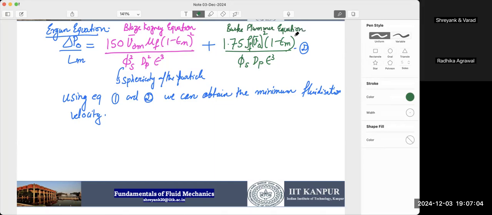Okay. Here phi s is the sphericity of the particle, dP is the diameter of the particle, rho F is the density of fluid, and mu F is the viscosity.